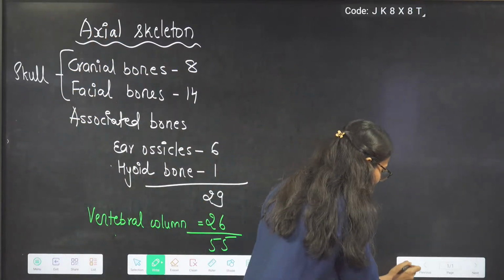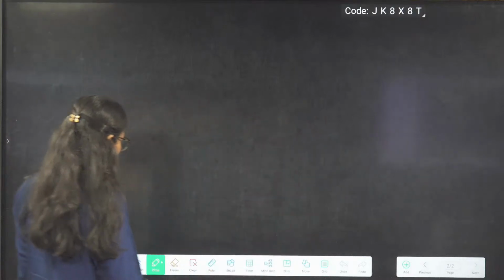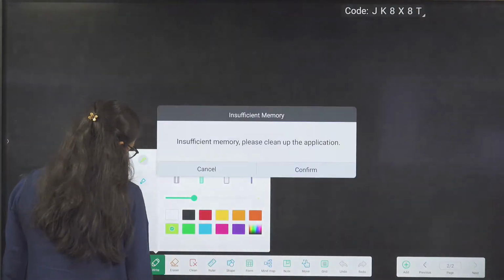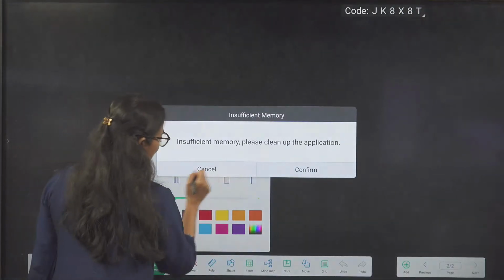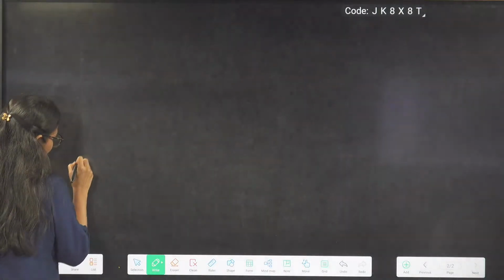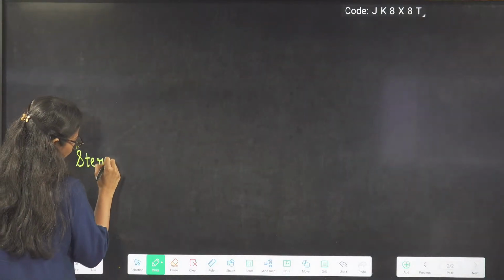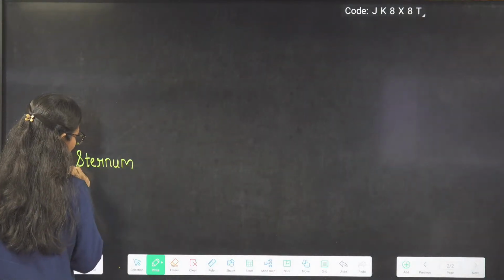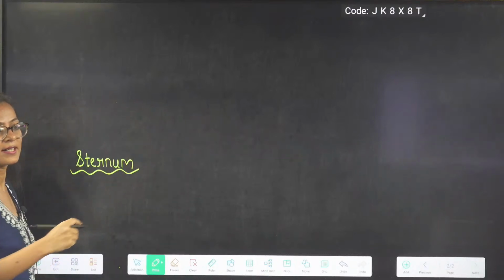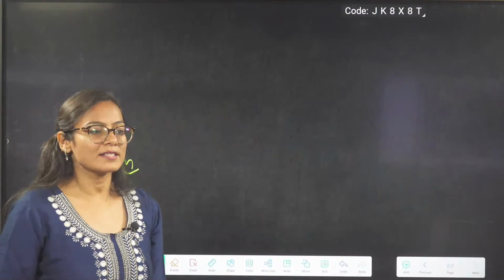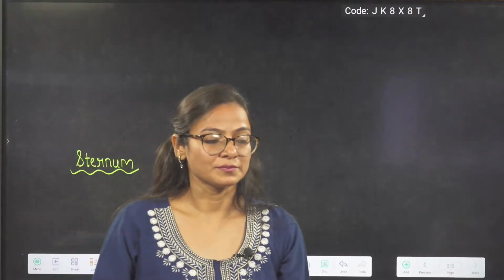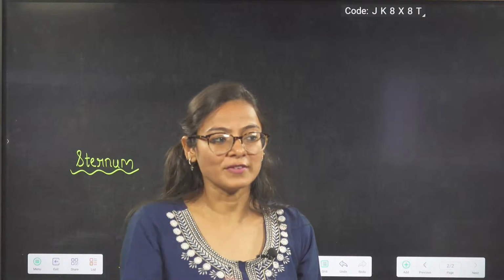So now I'm going to start with the next bone of the axial skeleton, and that bone is sternum. So where is sternum located? On the dorsal side or on the ventral side?